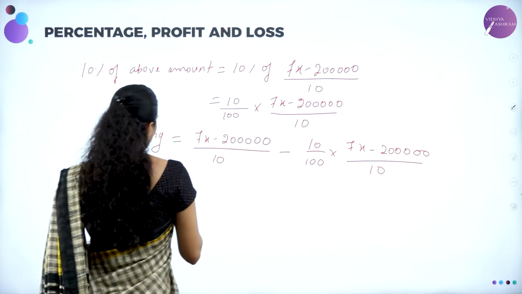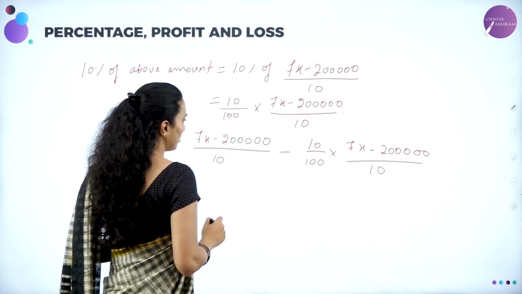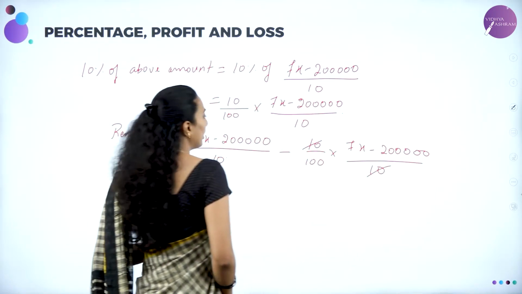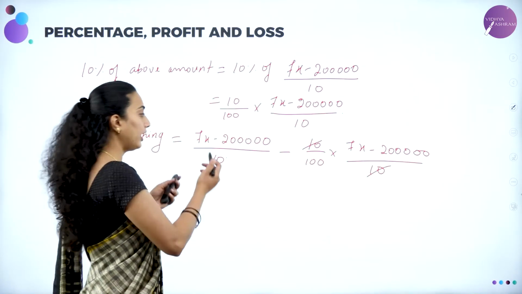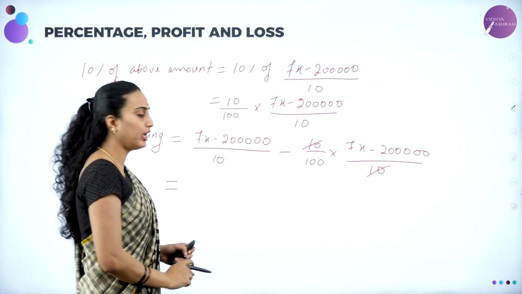So the difference of these will be equal to, you can take the LCM. Here 10 will get cancelled, you are going to remain with 100. So therefore you can have 1 by 100, and 100 will be the LCM.